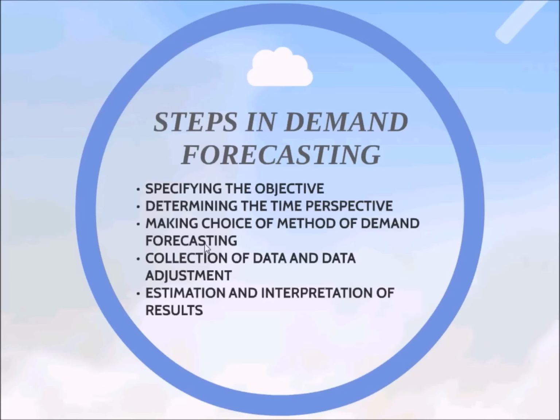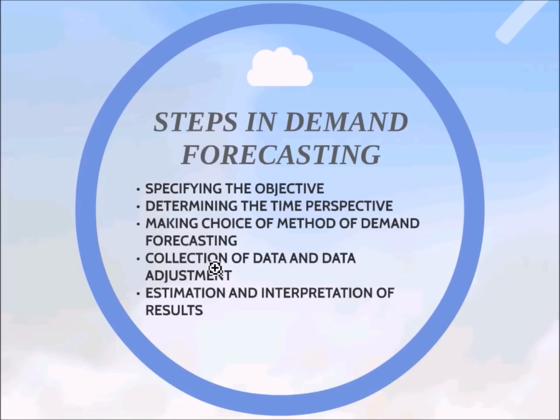After making the choice of the method of demand forecasting, the next step is we need to collect data and adjust the data. There can be different types of data required for demand forecasting. It can be primary data, it can be secondary data, depending upon what data is available in the market. Primary data is fresh first-hand data.